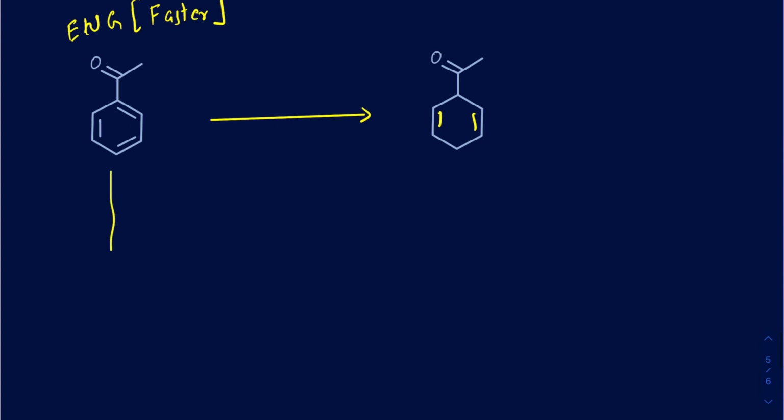So the idea here is I actually want to go ahead and add an electron onto that particular site. So I can go ahead and actually add this electron right here, and then this comes down here, and this comes up here, this comes up here, and then this comes down here.